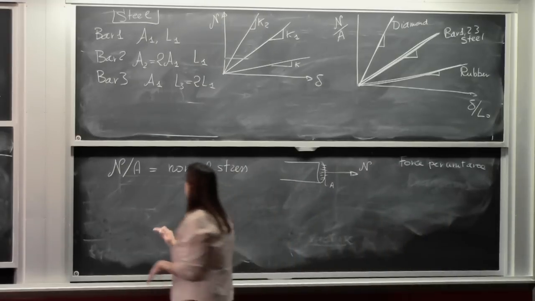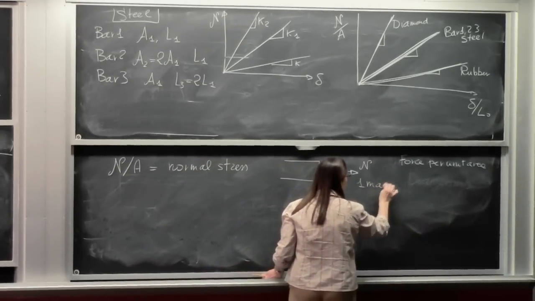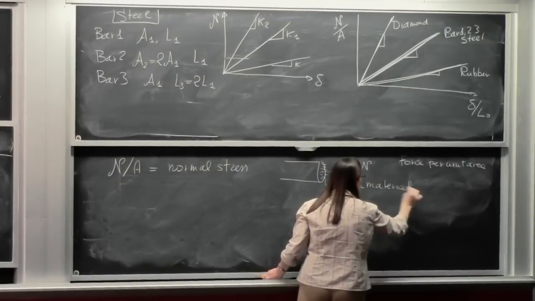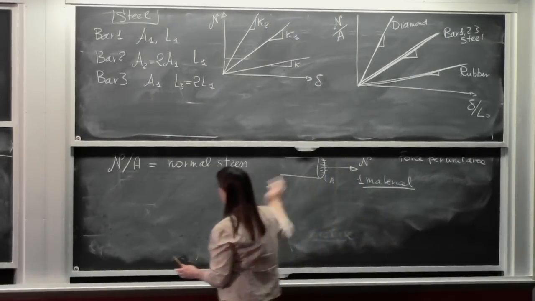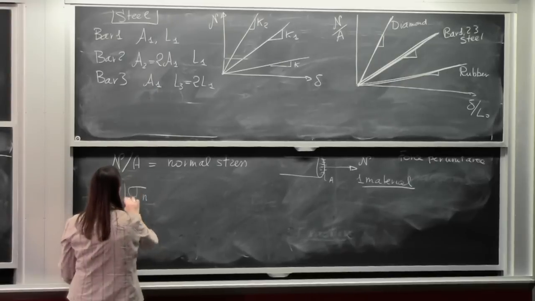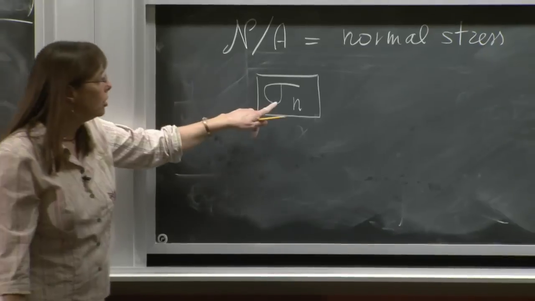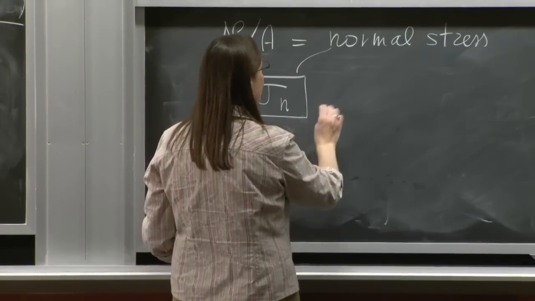In this special case, in which there is one material only on the cross-section, then I can obtain the stress that we will call sigma n, for normal stress. So this is a sigma, Greek letter. Normal stress, sigma n.